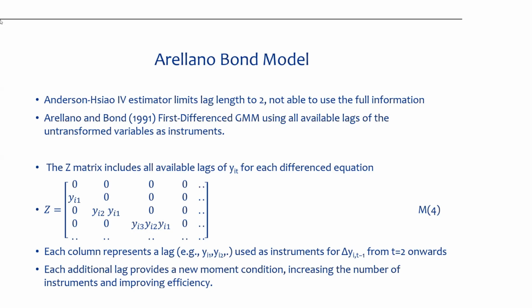For the second one, you're using the second period lag as well as the third period lag. If yi1 is yi,t minus 1, this will be the second period lag. And when it comes to the third one, you are going to use more lags. Okay, this is essentially what we do. So each column represents a lag that is used as an instrument for delta yit.